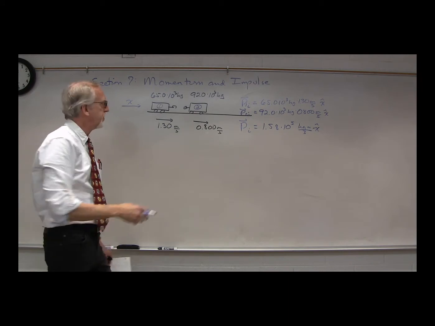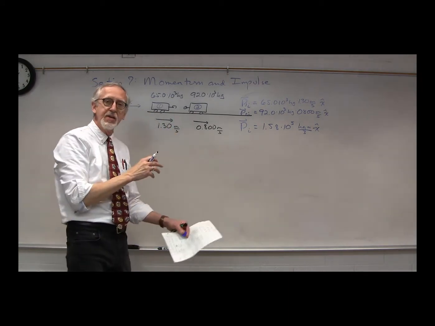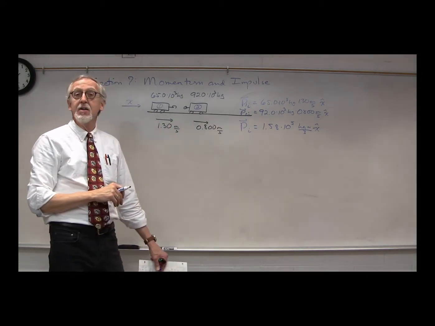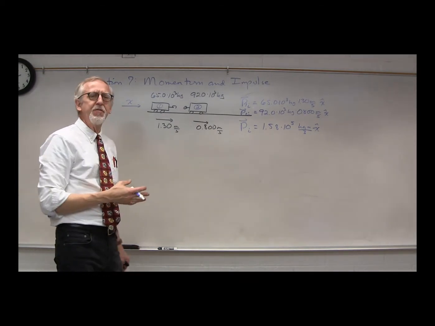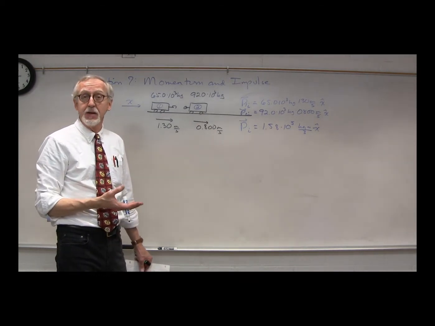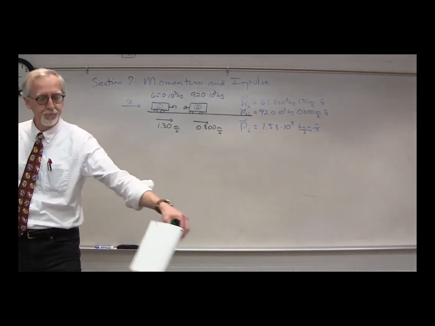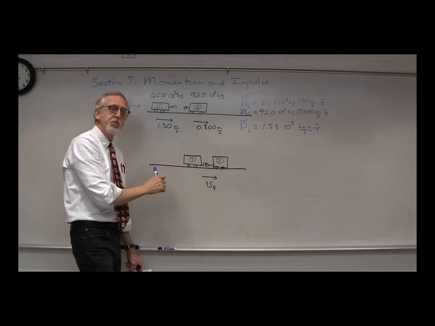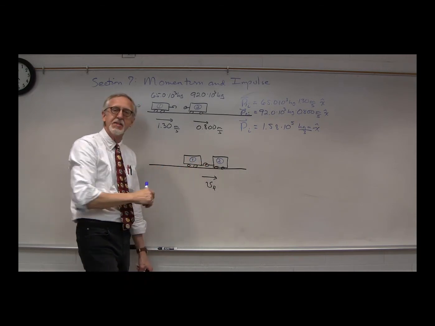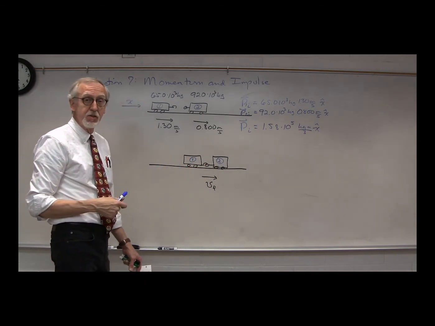Now, what's going to happen? These two trains are going to collide together. They're going to move off together at the same speed. Let's see if we can figure out what that final speed is. So here we have both trains moving off in the same direction at some similar final speed.